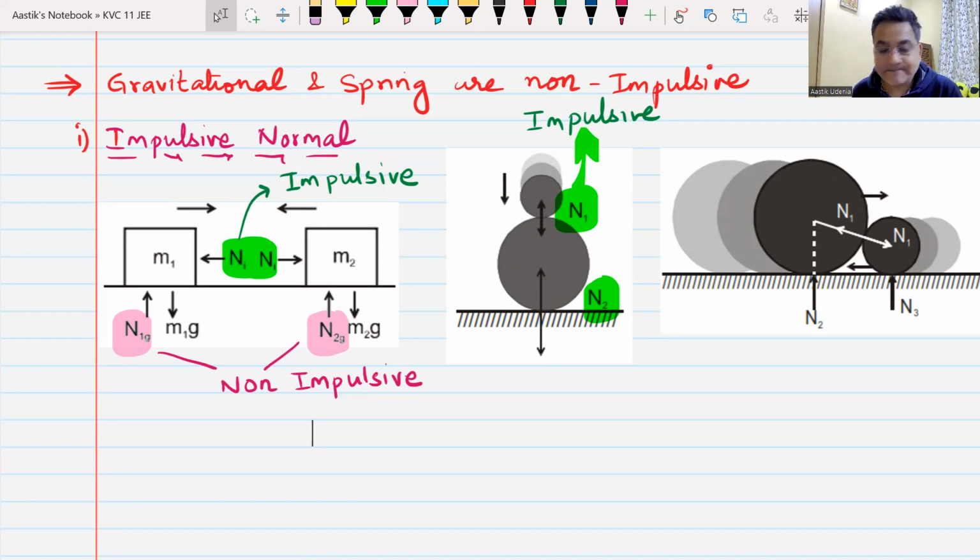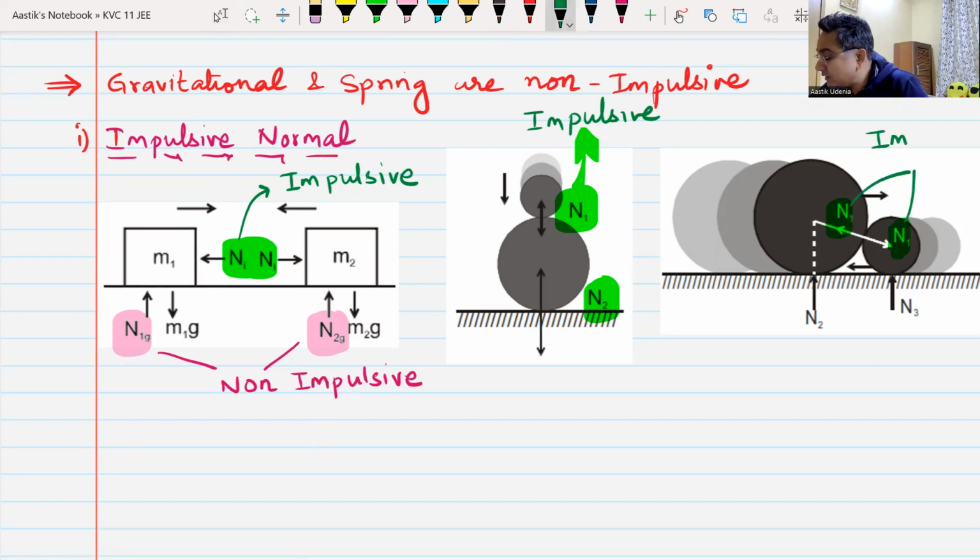N1 is impulsive, the pair of these two normal reactions, they are impulsive. Okay, anything else? I have N2 as well, N3 as well.